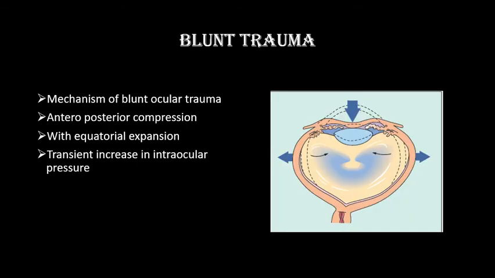What is the mechanism of blunt ocular trauma? There is anteroposterior compression, as we can see in this picture, and there is equatorial expansion of the globe at the equator level. This leads to a transient increase in the intraocular pressure.